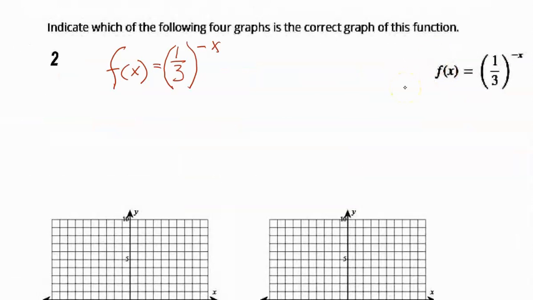Now, with our previous work, looking at this, again, what technique might you use? Well, since this is a negative exponent, to make this positive, we would go f of x equals the reciprocal of this, which is 3 to the x power, and that was the one we just did.